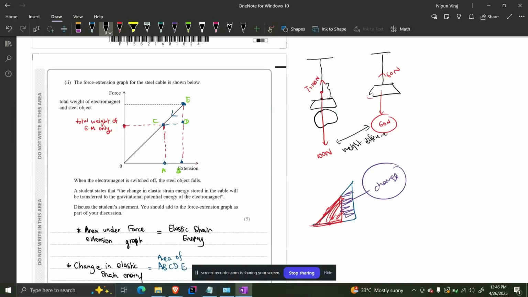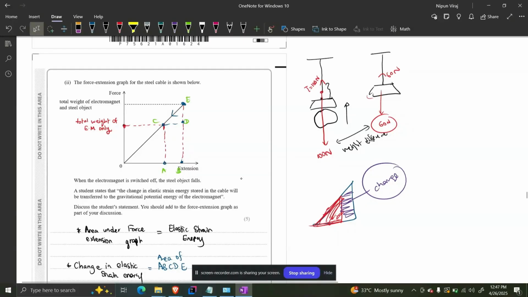But the thing is, initially you had 100 newtons and you had 60 newtons. Like upward, it had moved a certain distance as well.